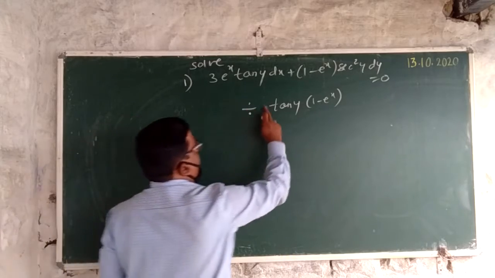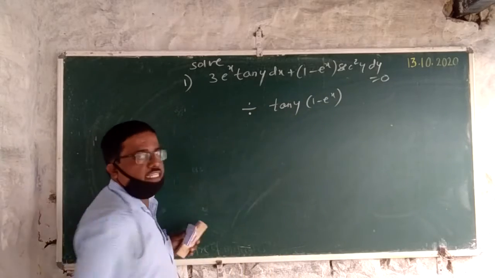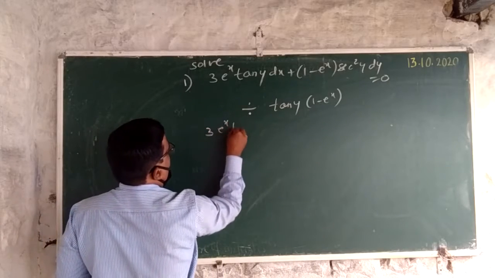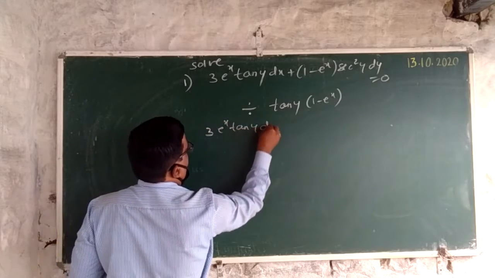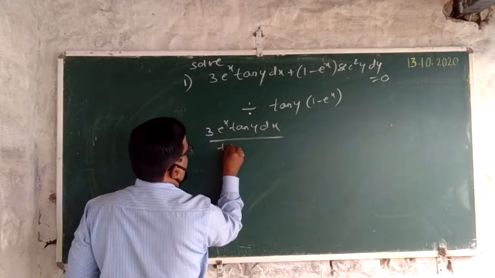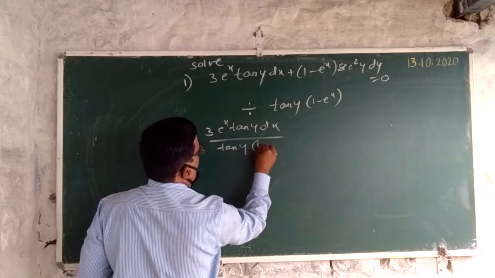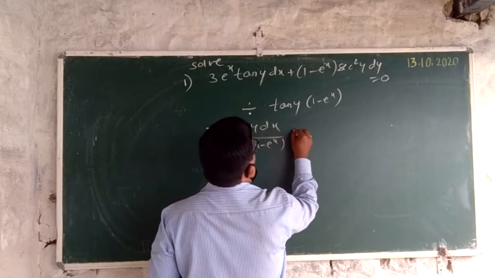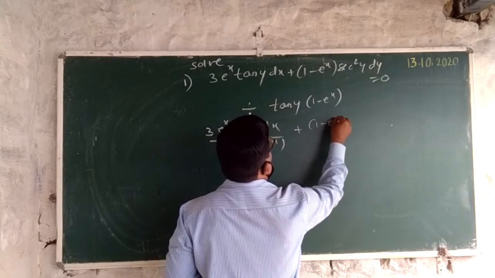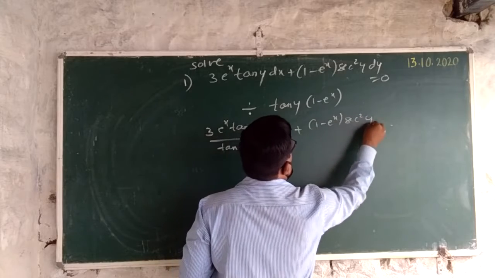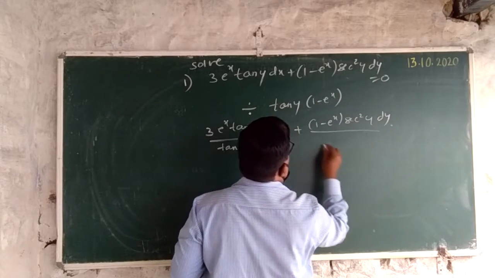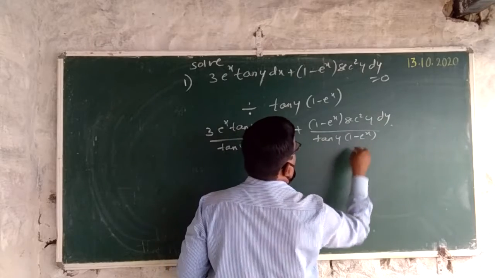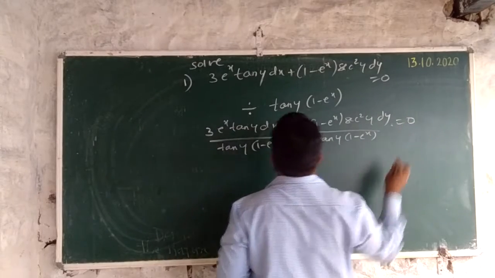Divide by tan y into 1 minus e raised to x. So this gives 3 e raised to x tan y dx divided by tan y into 1 minus e raised to x, and similarly plus 1 minus e raised to x sec square y dy whole divided by tan y into 1 minus e raised to x is equal to 0.